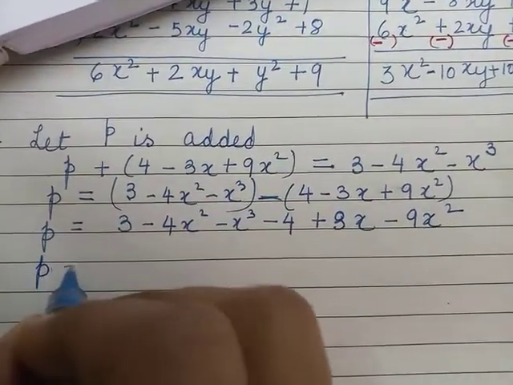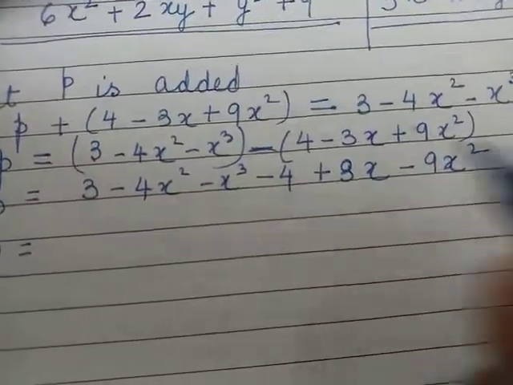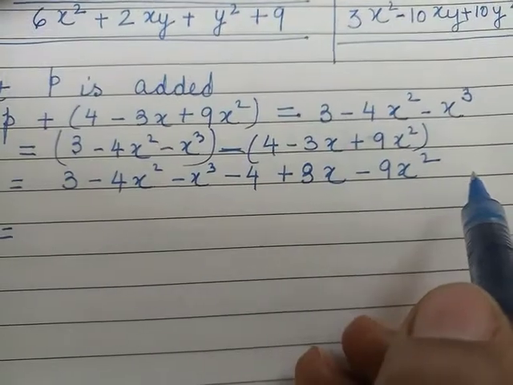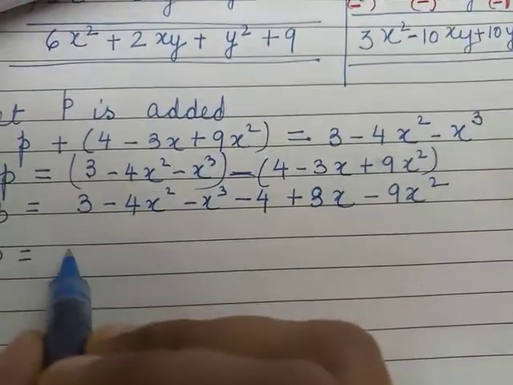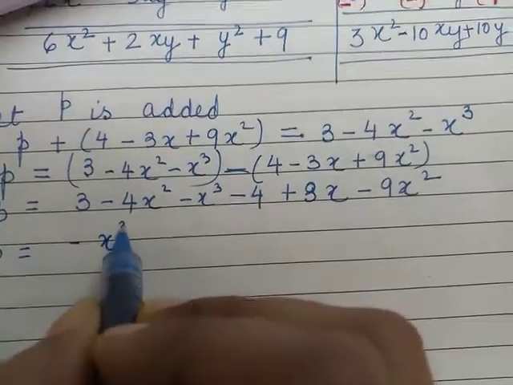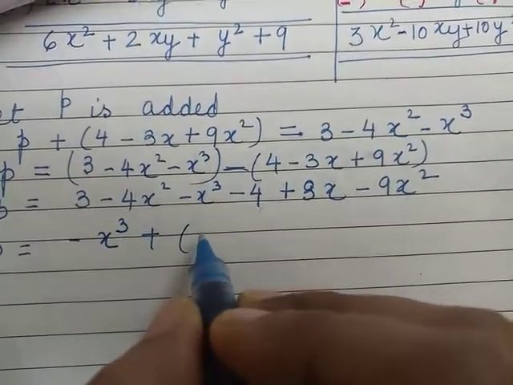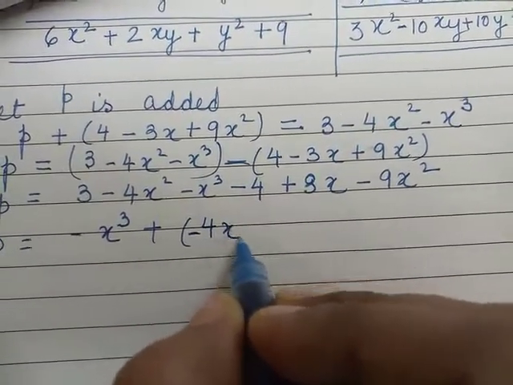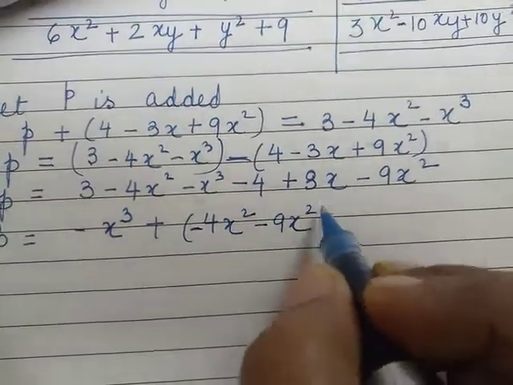Now we are finding the value of p. I write the like terms in the bracket. The highest power is 3, which has no other term other than minus x cube. So I write minus x cube firstly. Then I write plus sign. Then for x square, that is minus 4x square and minus 9x square in one bracket.